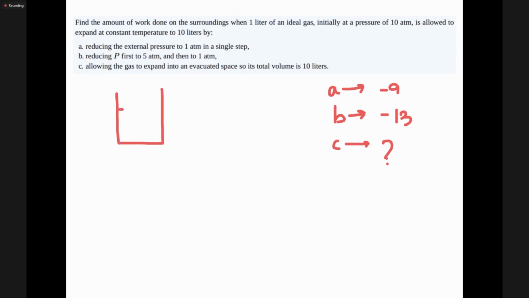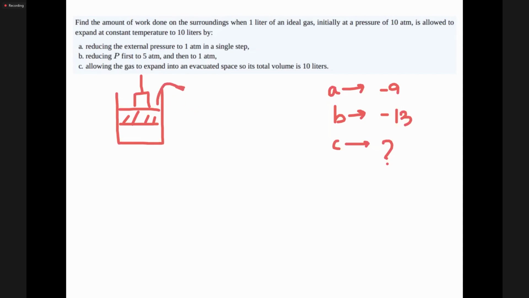There was a gas upon which there was a piston which was producing some external pressure on the gas. Now the gas is released because all the weight from the piston is now removed. So the gas expands to 10 liter against zero external pressure.